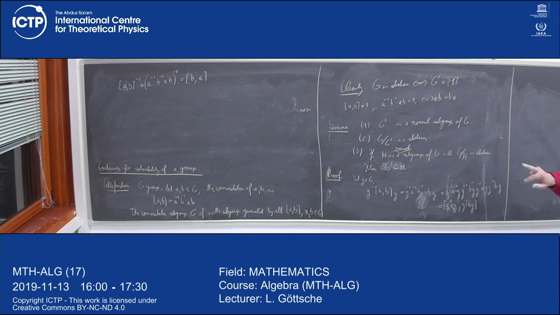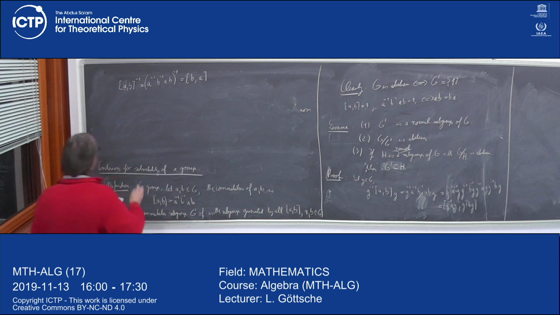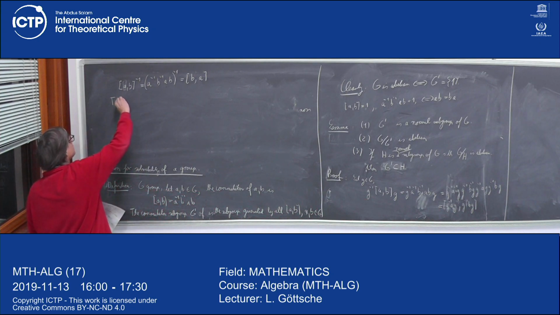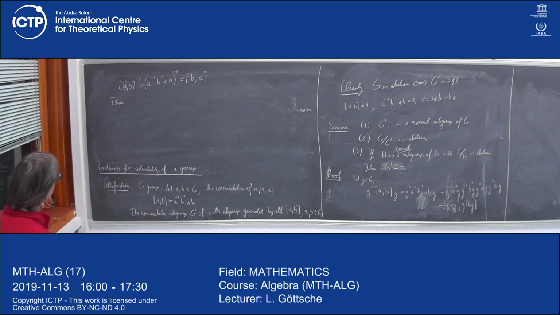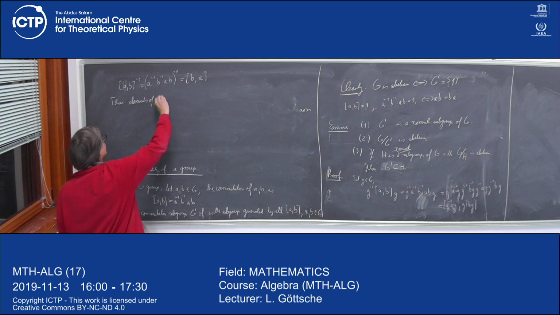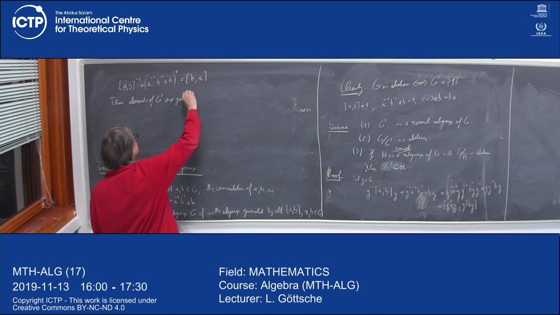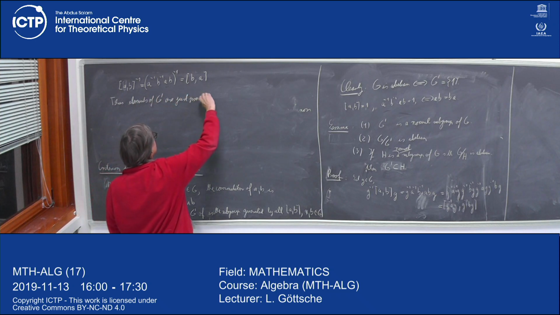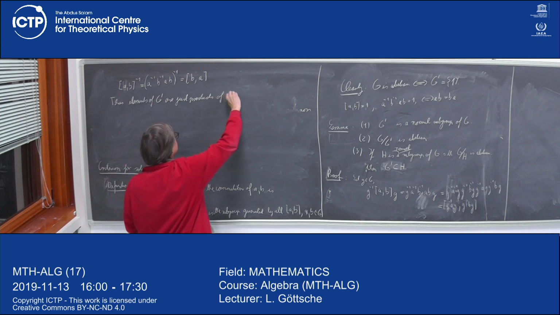As the inverse of a commutator is also a commutator, we know that the elements of the commutator subgroup G' are just the products of commutators.